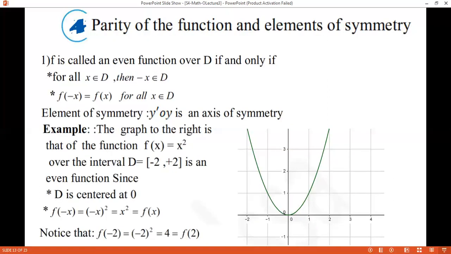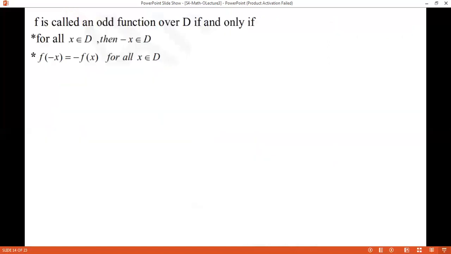Now, the first function we said is even. Now we are going to learn about odd functions. So f is called an odd function over D if and only if f of minus x equals minus f of x. We are going to take an example.